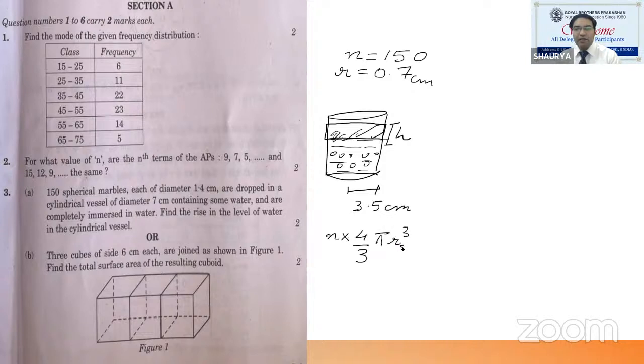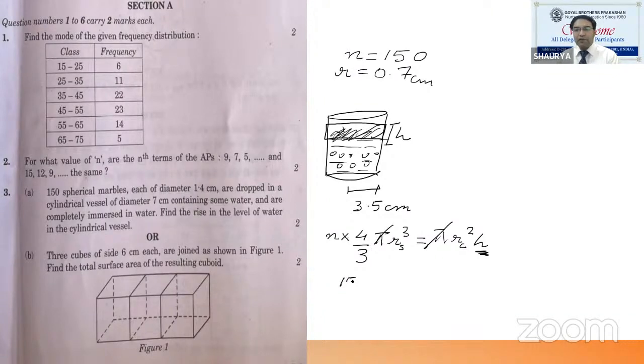Let's write r with the subscript s to denote that it is the radius of the spherical marbles. This should be equal to the volume of this part of the cylinder. So it's pi r with the subscript c, that means cylinder radius, square h. This is the h we need to find. So writing it this way, you can straight away get rid of pi. Now we can simply plug in the values.